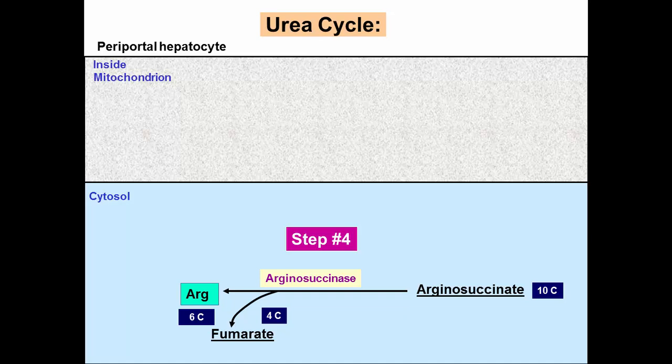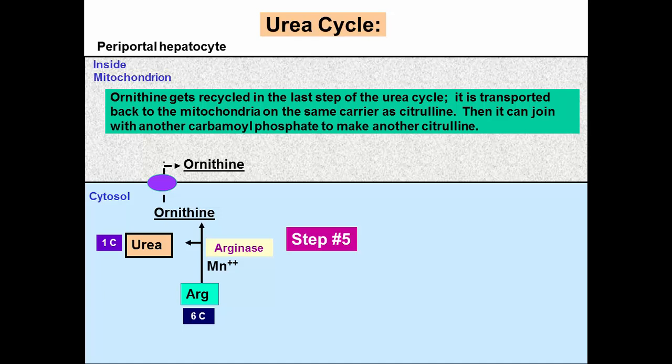Step 4 is we're going to cleave that 10-carbon arginosuccinate to yield the amino acid arginine and fumarate, and that enzyme is arginosuccinase, which is an easy enzyme name because it's breaking apart arginosuccinate. And then step 5, arginine gets worked on by the enzyme arginase to yield urea.